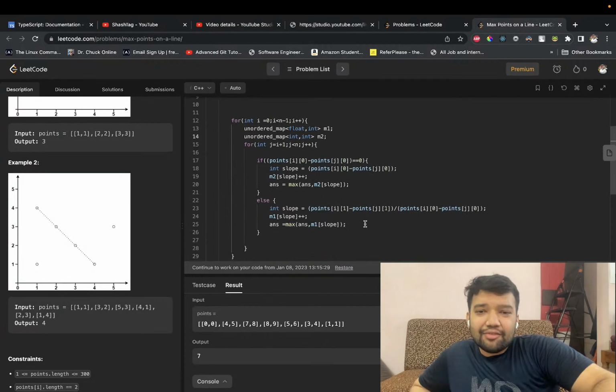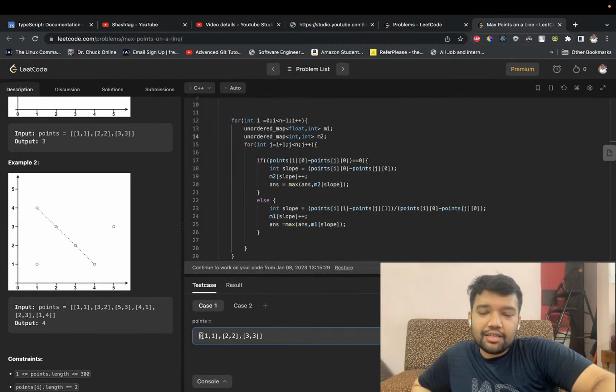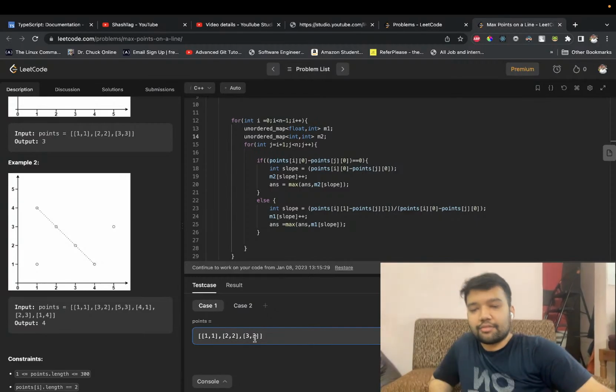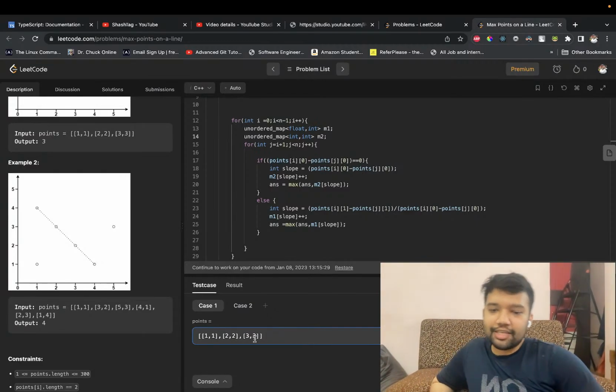So let me tell you what I thought. In this case, I thought that every time it comes to this point, let's say we create all these two maps, and it checks for these two numbers if they fall on the same line as this, like the maximum lines it can form going forward. We find out it can find one line with 2 points, so the answer will be two.